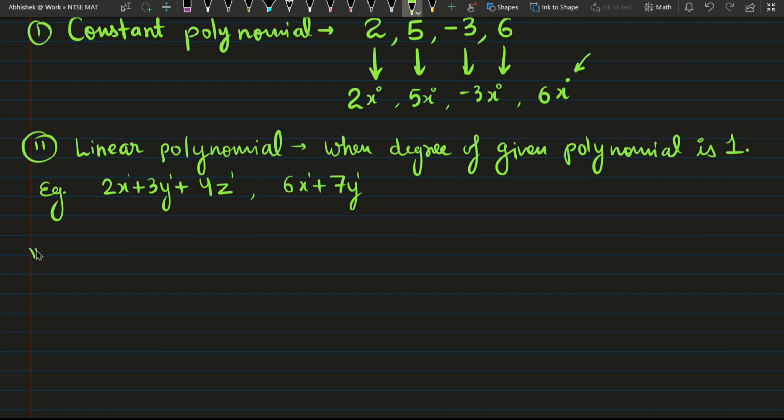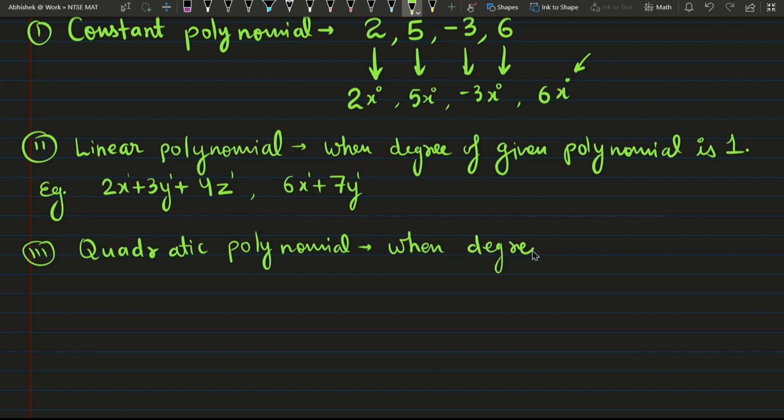Now let's move to the third kind of polynomial, that is quadratic polynomial. Similarly, when the degree of any polynomial is 2, in that situation we call that kind of polynomial a quadratic polynomial.